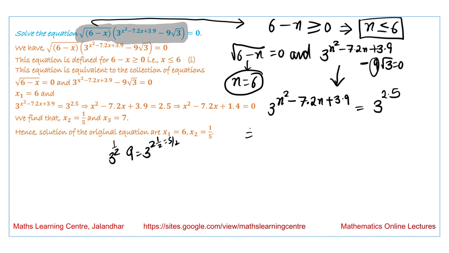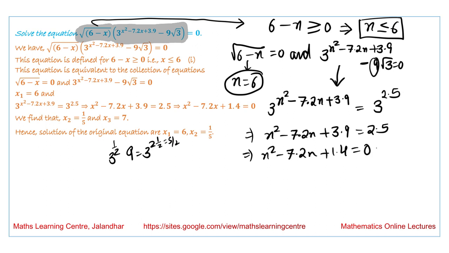So x square minus 7.2x plus 3.9 should be equal to 2.5. This implies x square minus 7.2x plus 1.4 should be equal to 0.